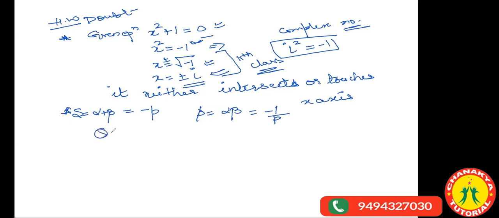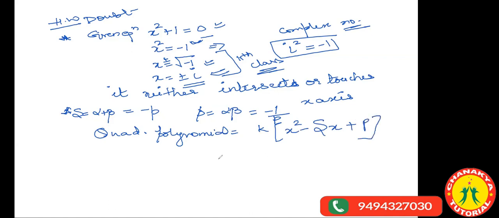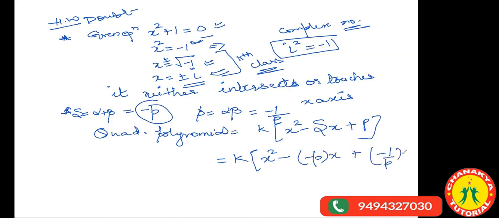I have already told you that if the sum of the zeros and the product of the zeros is given, then how will you form a quadratic polynomial? It will be k times x square minus sum of the zeros into x plus product of the zeros. So k times x square minus, sum of the zeros is minus p, so it will be minus p into x plus product of the zeros, minus 1 by p.